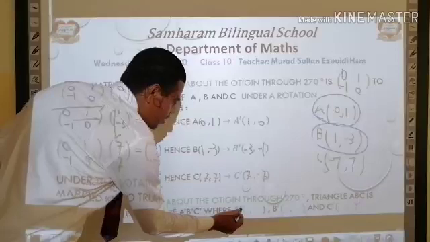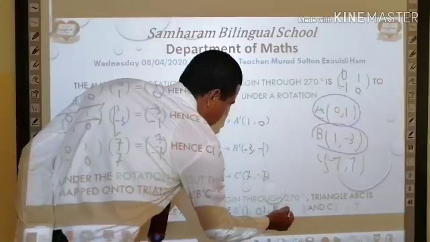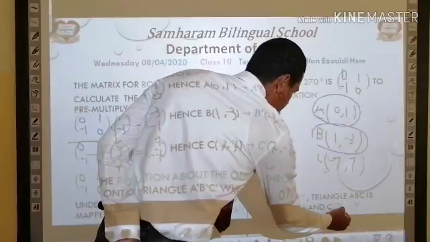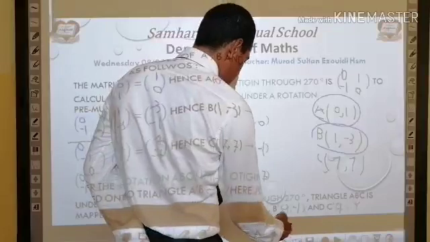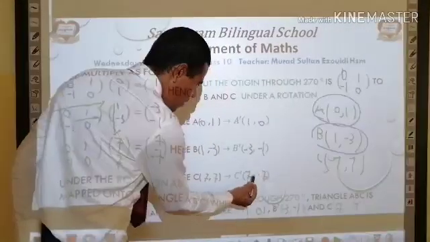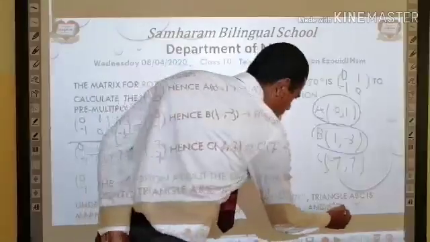So it will be 1, 0, then negative 3, negative 1, and 7, negative 7. This is negative but it's not clear, I will clarify it. Okay, negative 7.